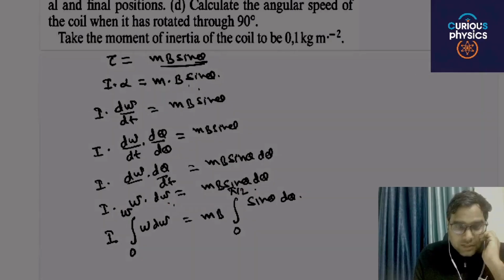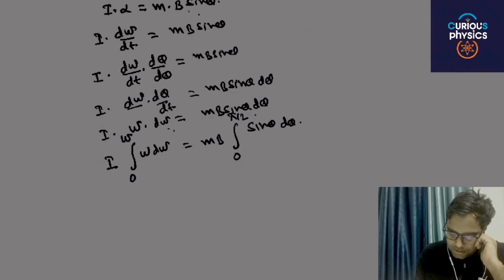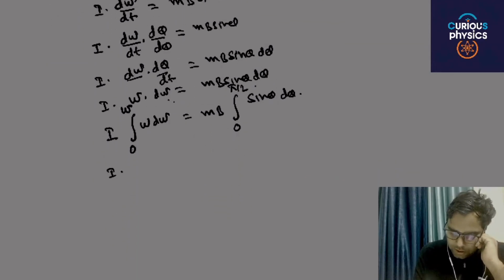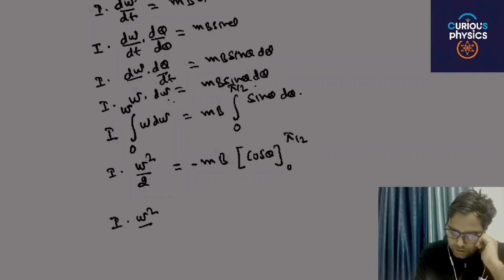Next is just simple integration. I times omega d omega gives omega square by 2, from initial to final, and this is equal to MB times the integral of sin theta, which is minus cos theta, from 0 to pi by 2. So I omega square by 2 equals minus MB times cos 90 minus cos 0.